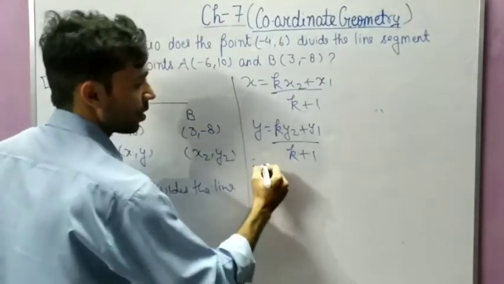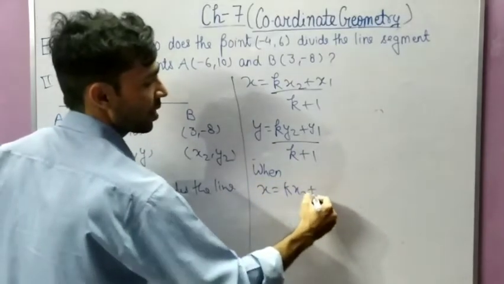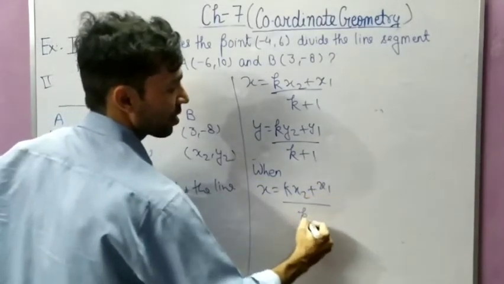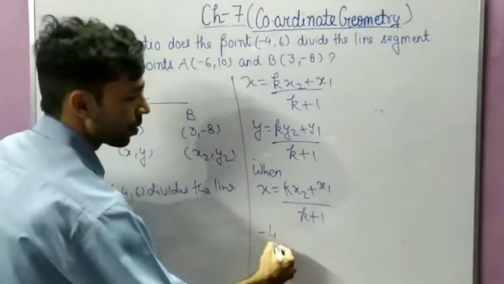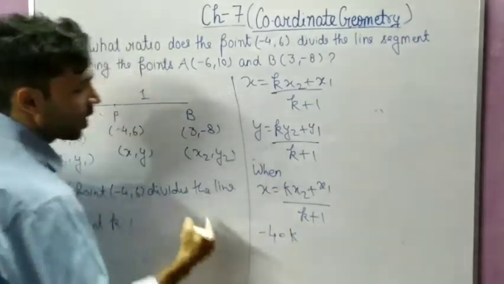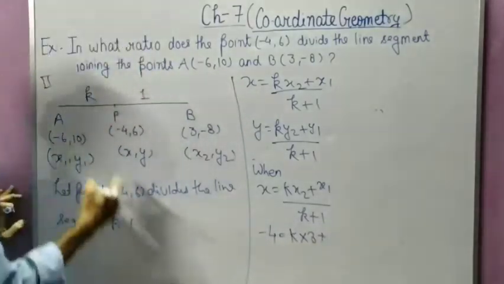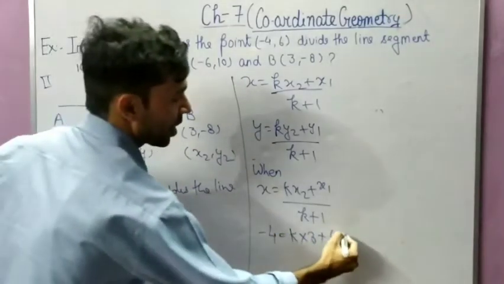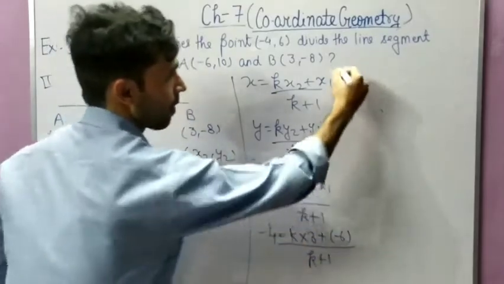When x equals (k x2 plus x1) upon (k plus 1), now put all the values. x is minus 4, k we don't know, and x2 is 3, so 3k plus x1, which is minus 6, divided by k plus 1.